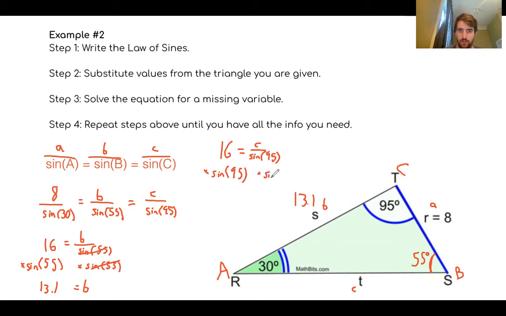And we're left with C equals 16 times the sine of 95. We will do that again on the calculator. And it should be a number that's the biggest we've gotten so far, 15.93, actually 94 if we round it. So this will be 15.94. Okay, we've got all of the sides.